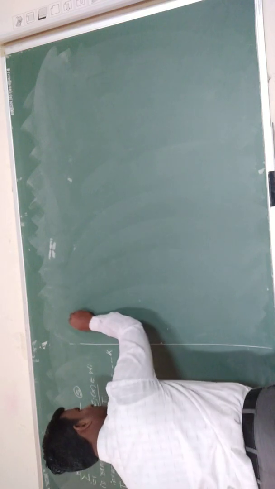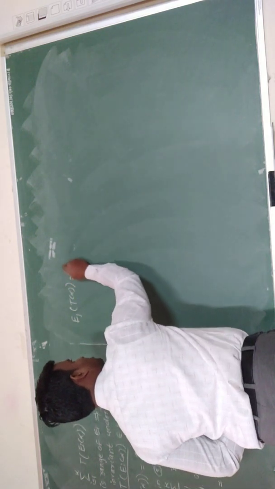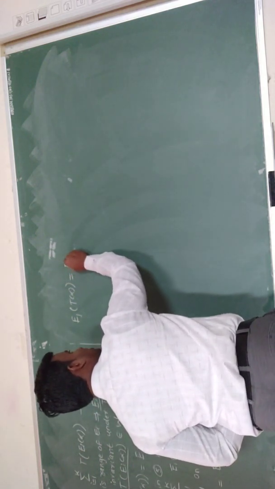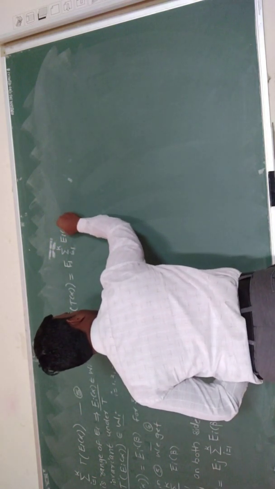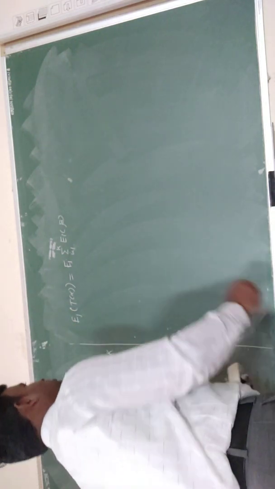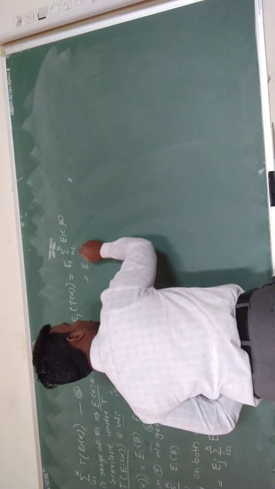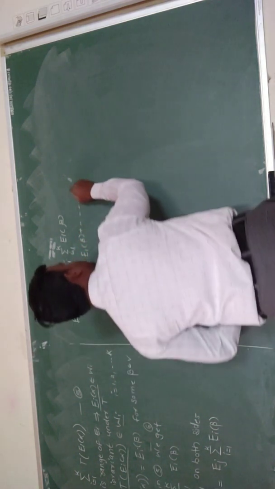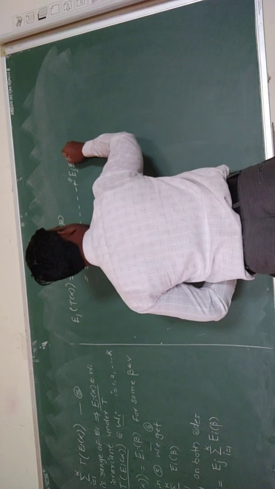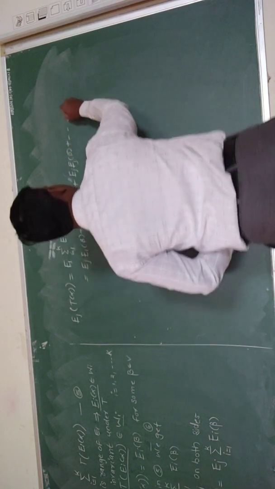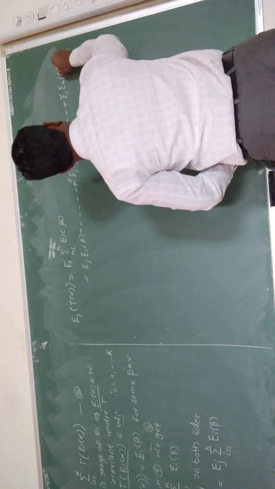Hence, E_j of T of alpha is equal to E_j of summation i equal to 1 to k of E_i of beta. Hence, run this i from 1 to k. What we have? E_j into E_1 of beta plus up to E_j into E_j of beta plus up to E_j into E_k of beta.